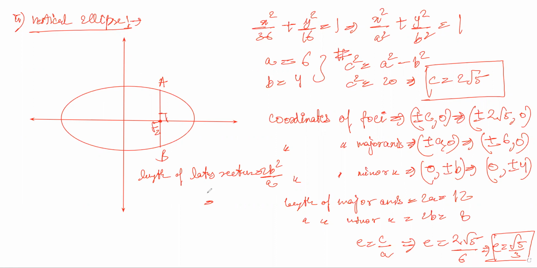You know what is b square? It is 16 into 2, 32 divided by 6. Hence, 16 by 3 for this case. So this is how we can simplify an equation.